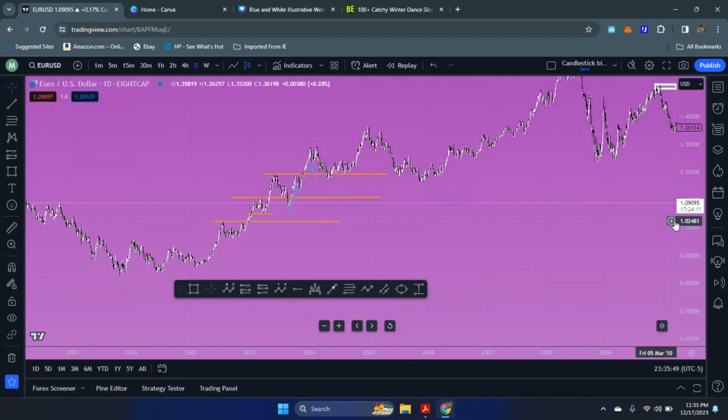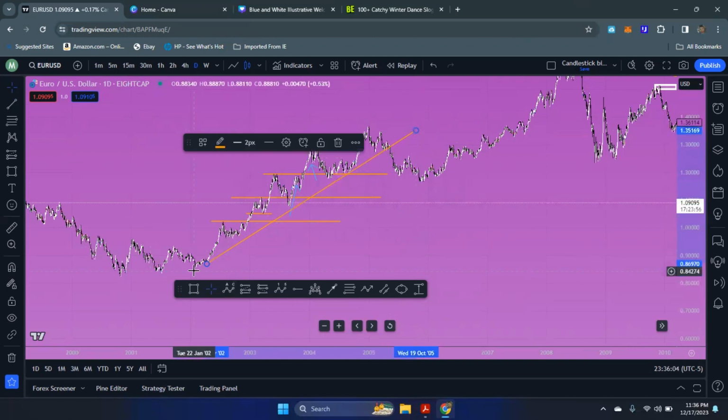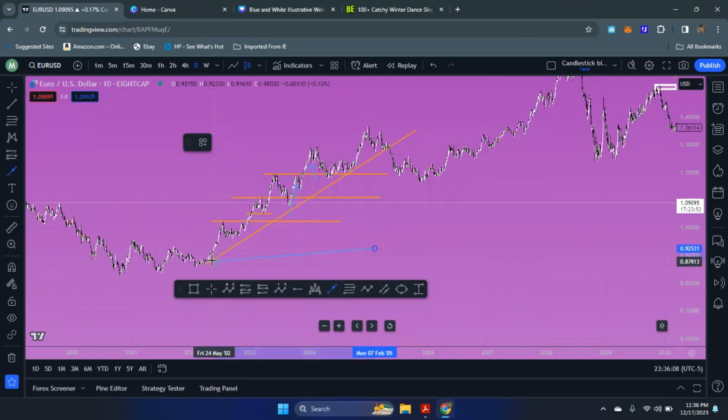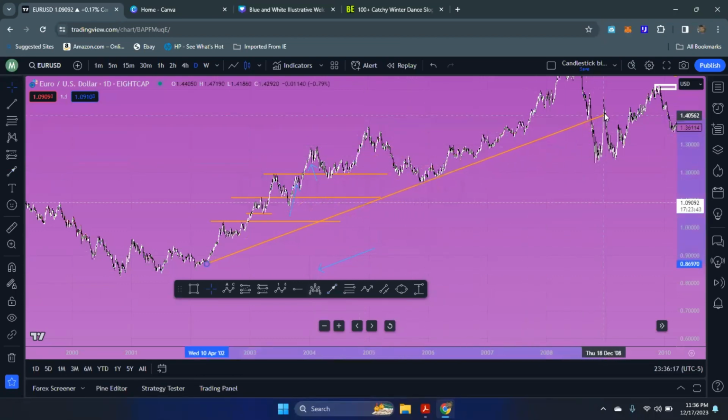So we can actually do this two ways. Of course, from here to here. Let's see the trend line. Or we can do a trend line.